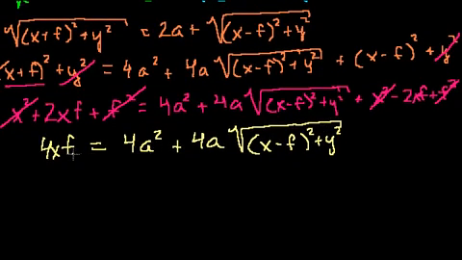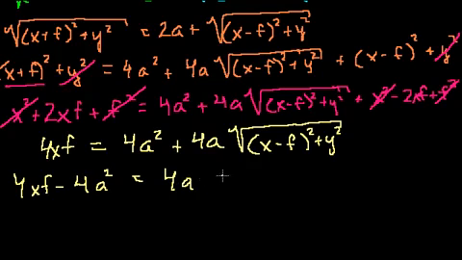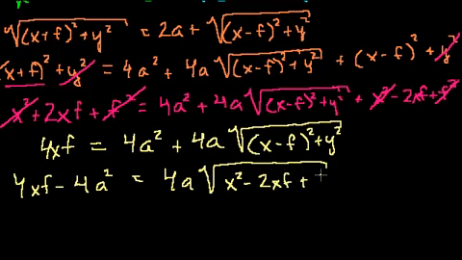So let's take this 4a, put it on this side. So you get 4xf minus 4a squared is equal to 4a times the square root of, well, let's just multiply this out, because we'll probably have to eventually, x squared minus 2xf plus f squared plus y squared. That's this, just multiplied out.